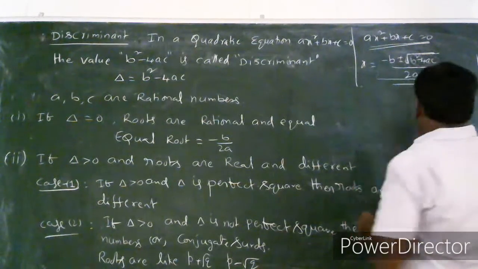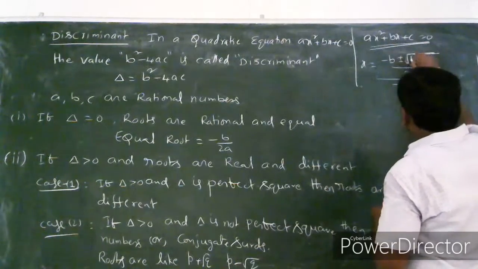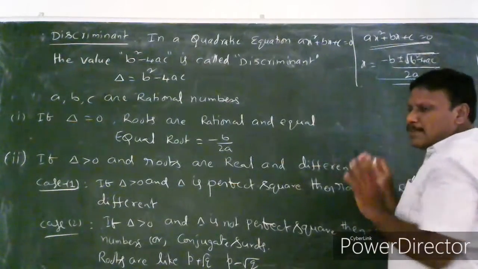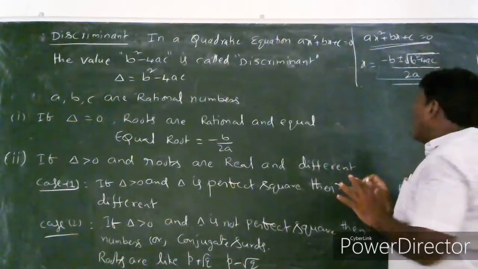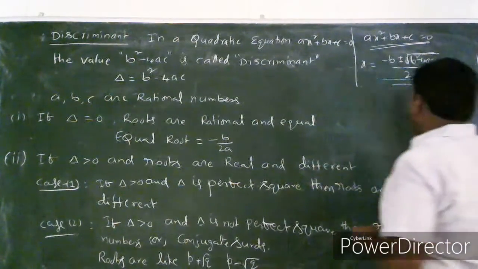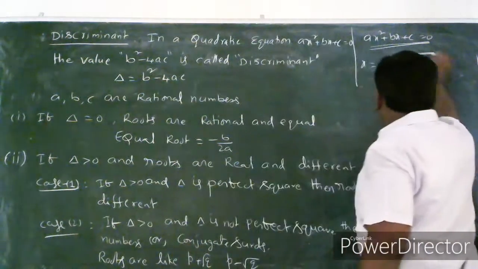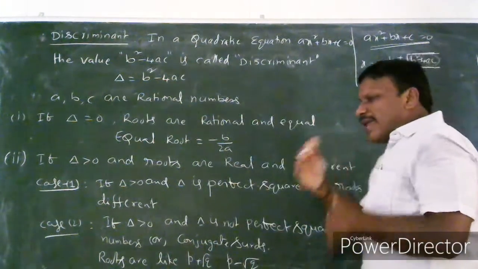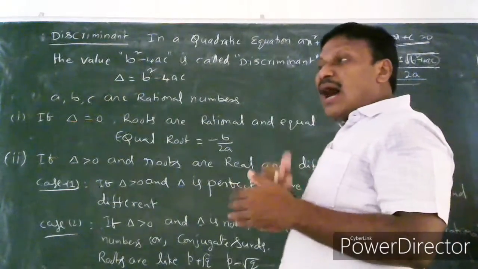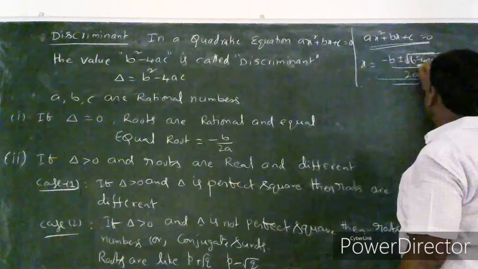So based on this value, b square minus 4ac, we get different types or nature of roots. That means this value discriminates or analyzes the nature of the roots. So b square minus 4ac is called the discriminant.